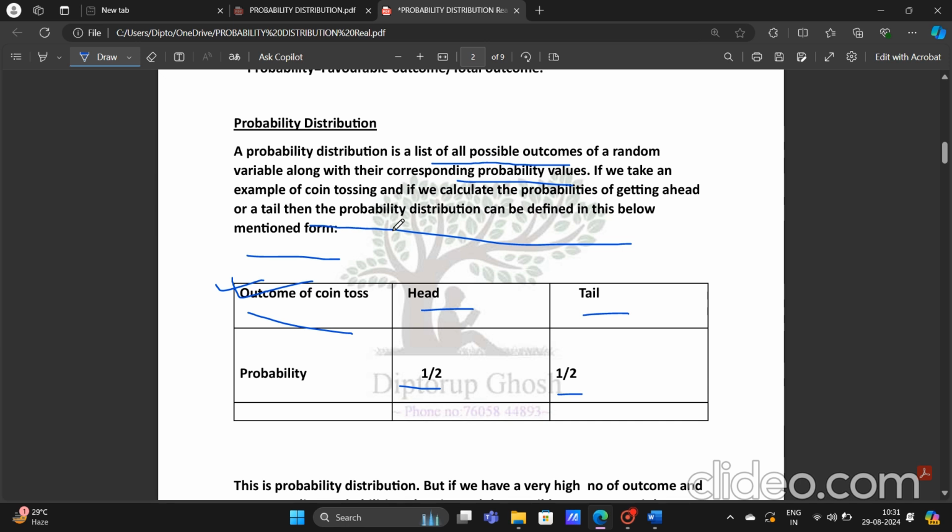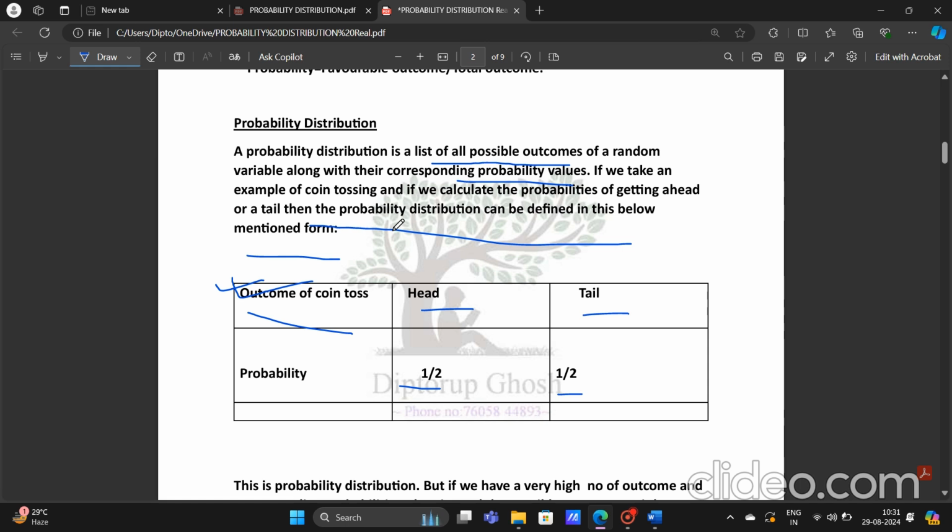So that's why we introduce a mathematical function which will give us the relationship between the outcomes and the corresponding probabilities. There are two types of probability distribution function: probability mass function and probability density function. We will discuss these two functions in the later part.